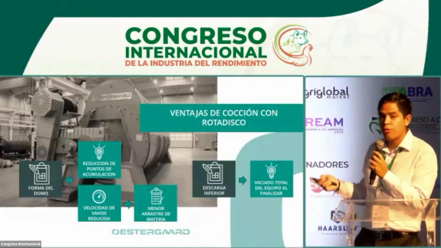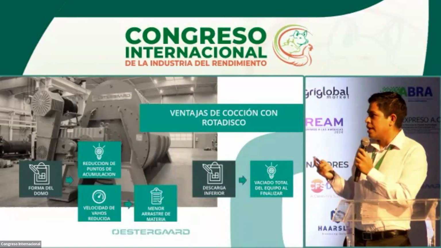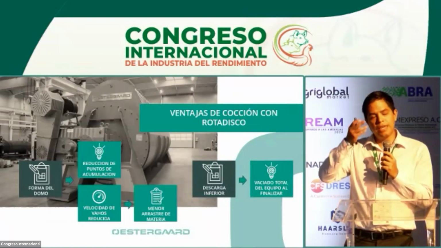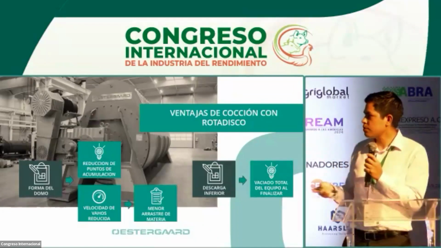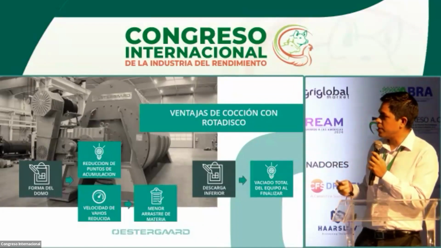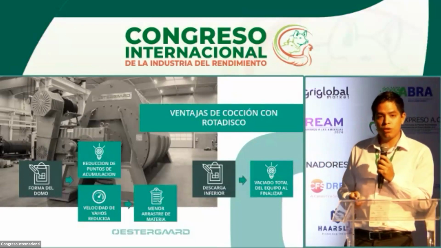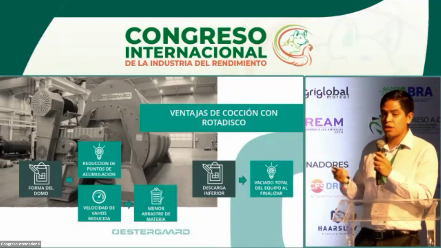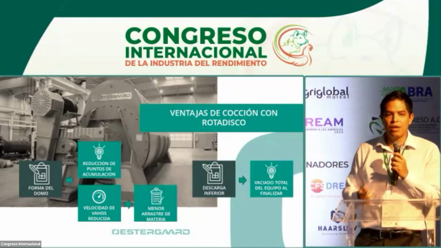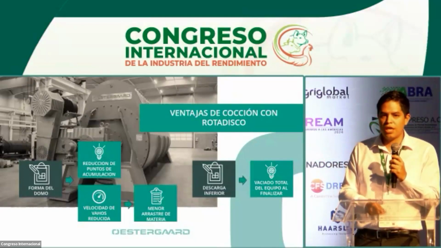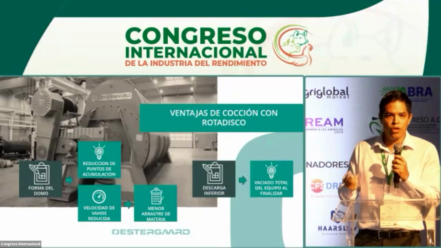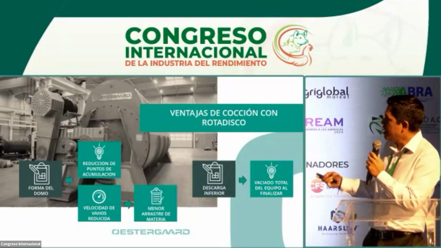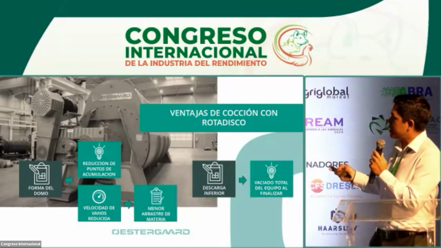Well, this is an image you can see of the rotational disc. It has an oval shape. This oval shape allows us to reduce points of matter accumulation in the corners of the dome and reduce the speed of the vapors when the product is aspirated. This speed will be reduced, and then we have to drag less matter to the vapor treatment, products like condensers and afterwards the other treatments.